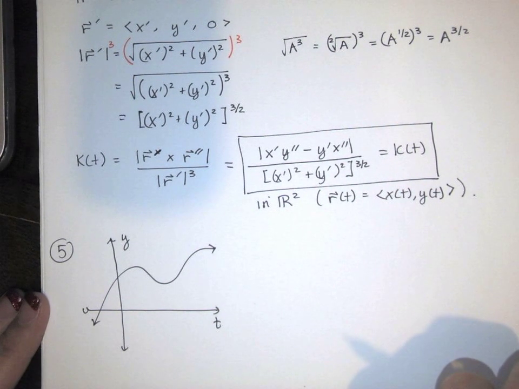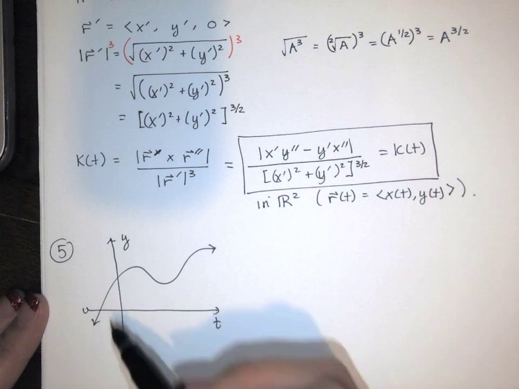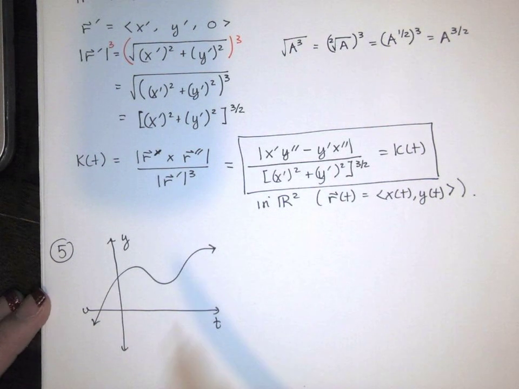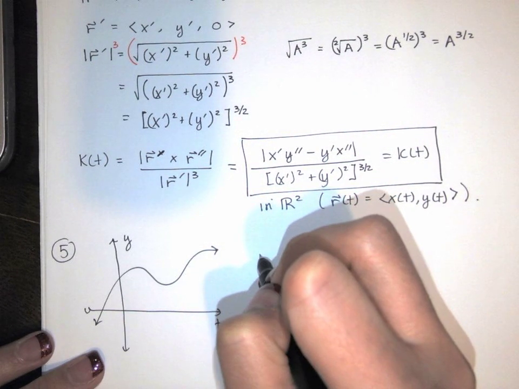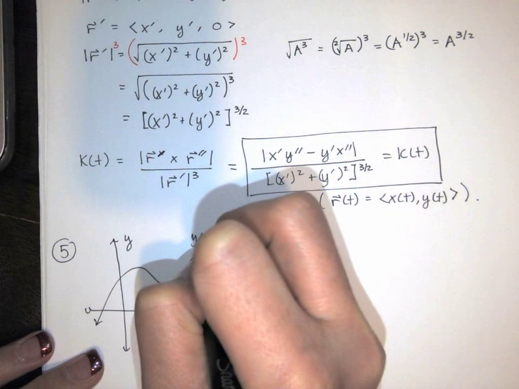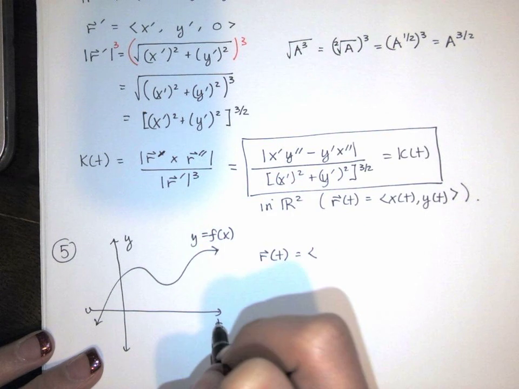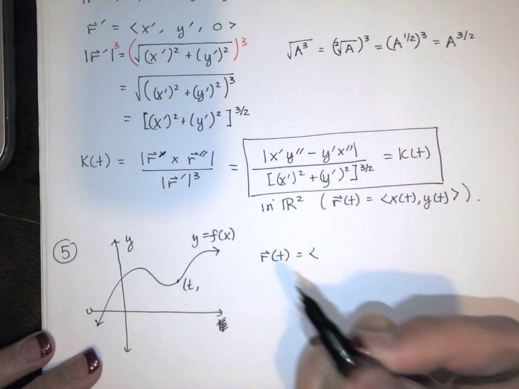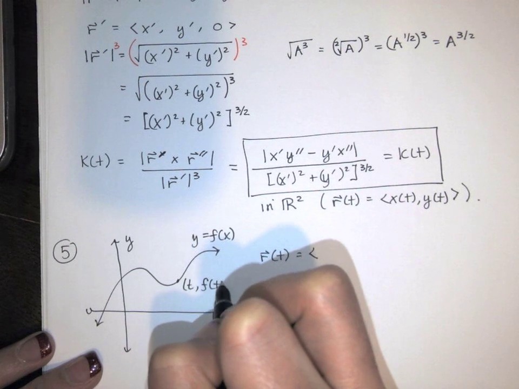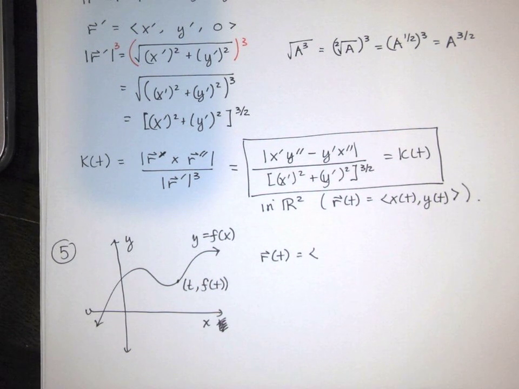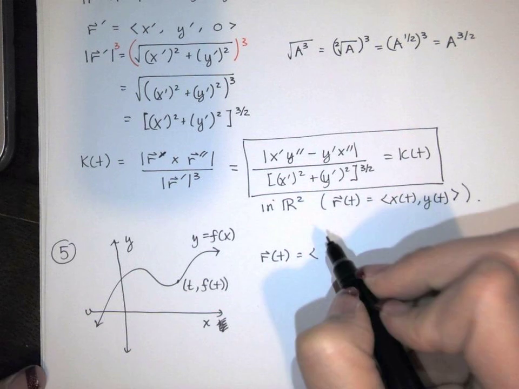If we're talking about a curve in 2D, in R2, with an x component and a y component, or an independent variable and a dependent variable, that can be parameterized this way. If this was originally y equals f of x, I can let x equal t, and I'll let y equal f of t. This x-axis and the t-axis would be exactly the same thing because x is equal to t.